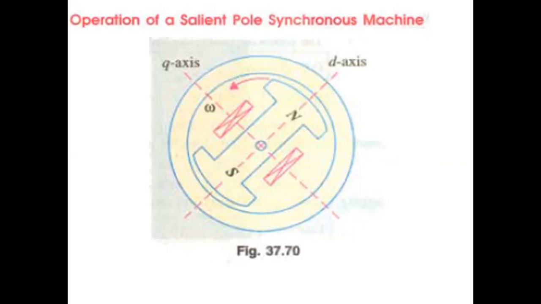These are called the two reaction theory, proposed by Blondel. The two reaction theory says, first, the armature current IA is resolved into two components: ID perpendicular to E naught and IQ along E naught.